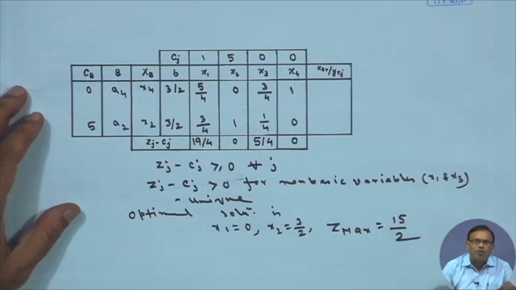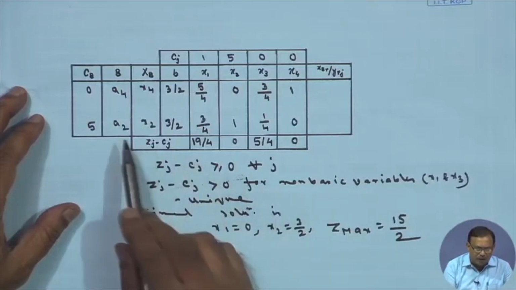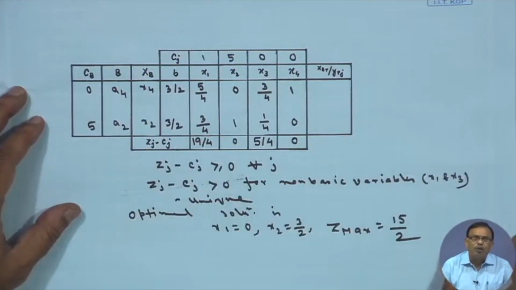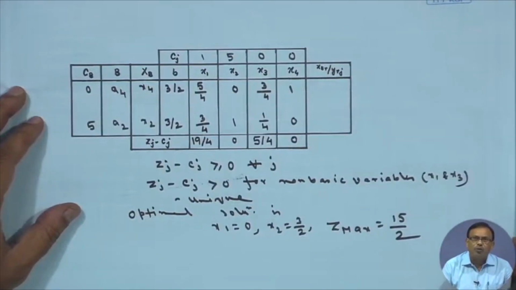Whereas, for this particular problem, we have zj minus cj greater than or equal to 0, the artificial variable has been removed, and zj minus cj is greater than 0 for the non-basic variables x1 and x3, so the optimal solution will be unique. The optimal solution can be written from this table itself like this: x1 equals 0, x2 equals 3 by 2 and z max will be 15 by 2.